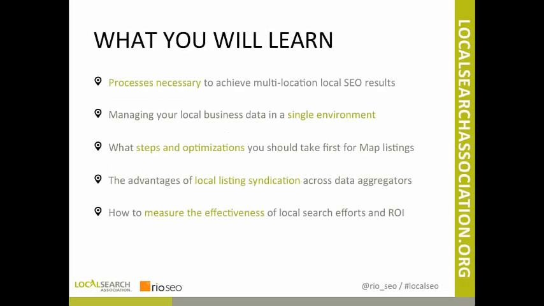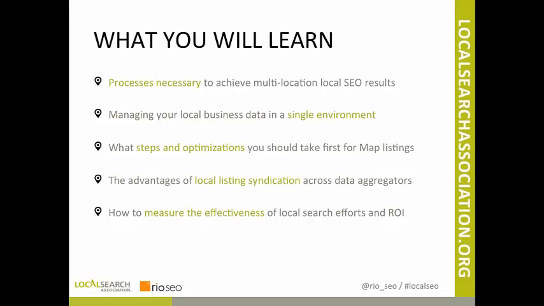So we'll get started. What we're going to be discussing today is the processes necessary to achieve multi-location local SEO results, as well as managing your local business data in a single environment. And that's really a key here, is getting your content consistent in one single environment.